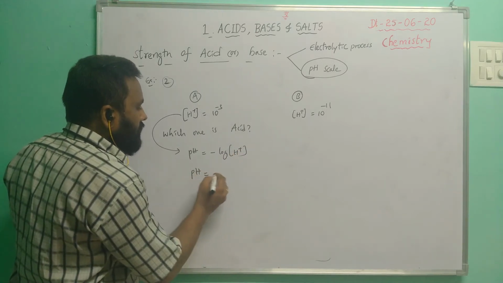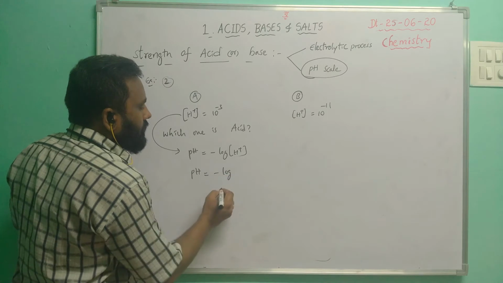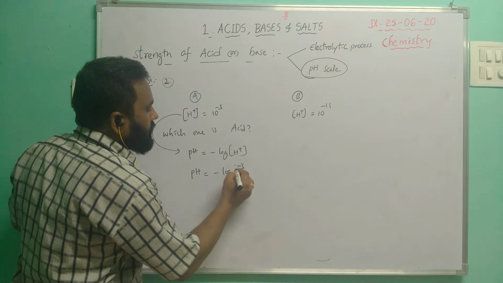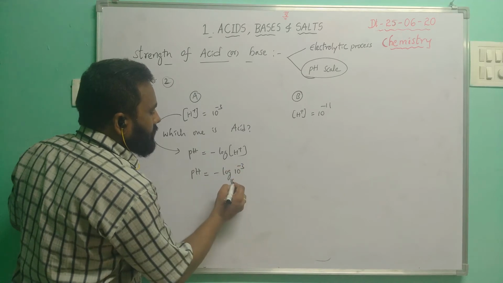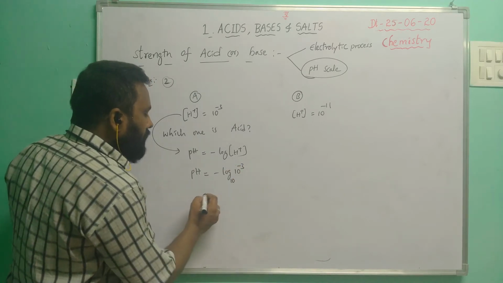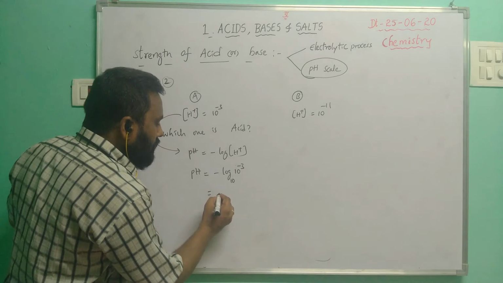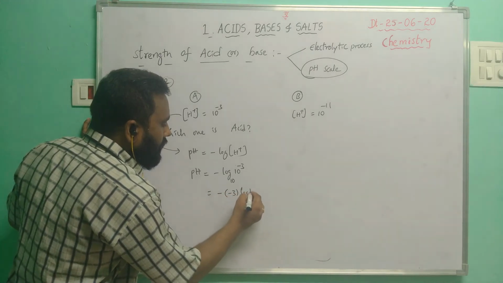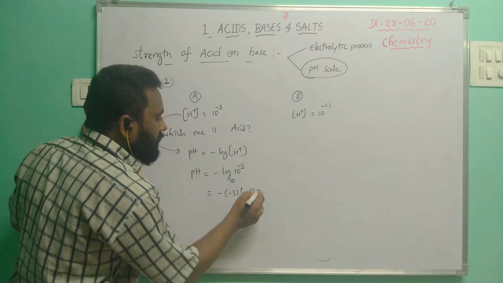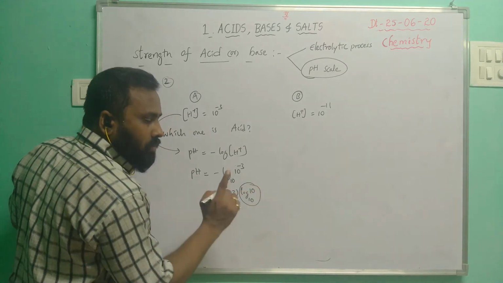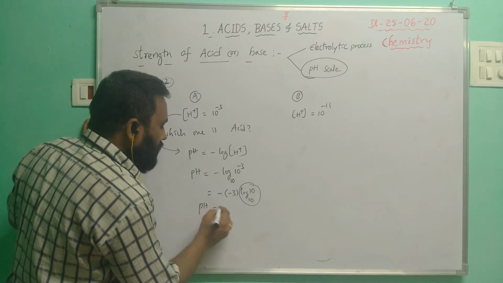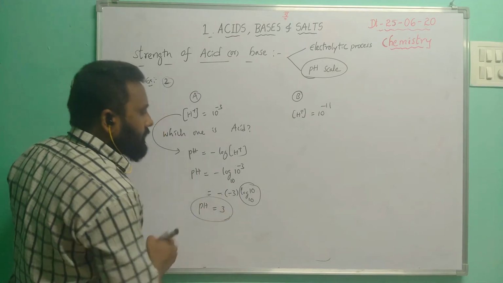For 10 to the power of minus 3, base 10, pH equals minus of minus 3 log 10 base 10. Log 10 base 10 is nothing but 1, so pH value equals 3.